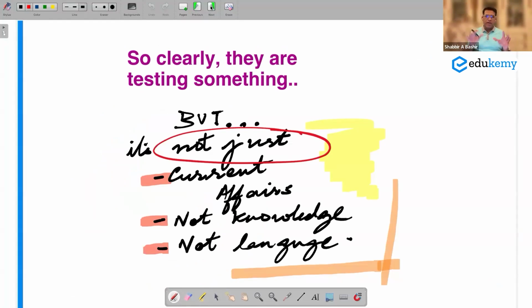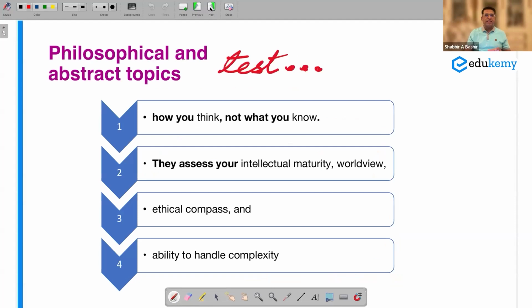It should not be about pumping knowledge, and not about language alone. Through the shift to philosophical essays, the UPSC is trying to test not what you know, but how you think, assessing your maturity and your worldview, assessing your ethical compass, testing your ability to handle complexities. So the body of the essay, the actual write-up, should reflect these aspects.